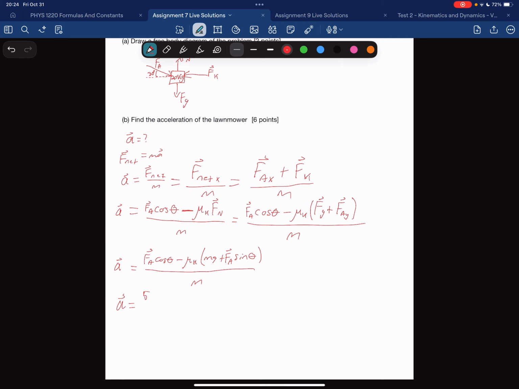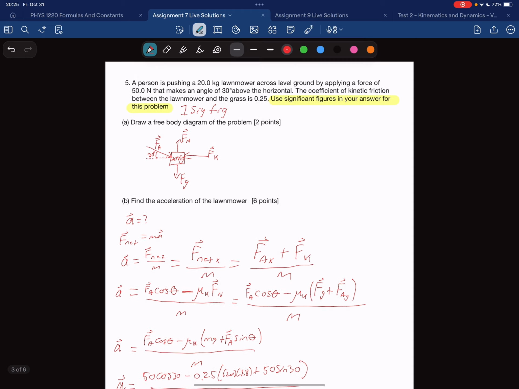So we have 50 cosine of 30 degrees minus 0.25 times, this is 20 times 9.8 plus 50 sine 30, which that whole thing is just 25, all over 20. Acceleration, you should get negative 0.6 meters per second squared.